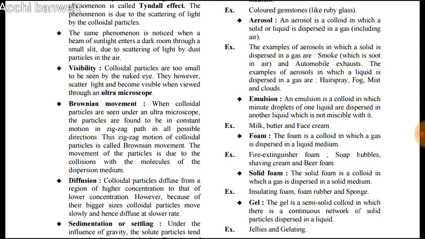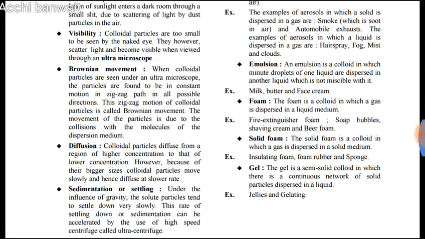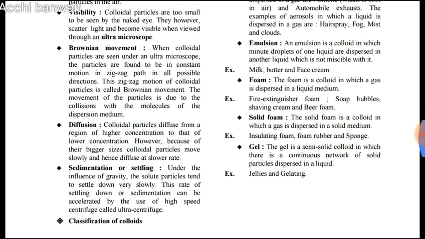When colloidal particles are seen under an ultramicroscope, the particles are found to be in constant motion in a zigzag path in all possible directions. This zigzag motion of colloidal particles is called Brownian movement. The movement of the particle is due to collisions with the molecules of the dispersion medium.